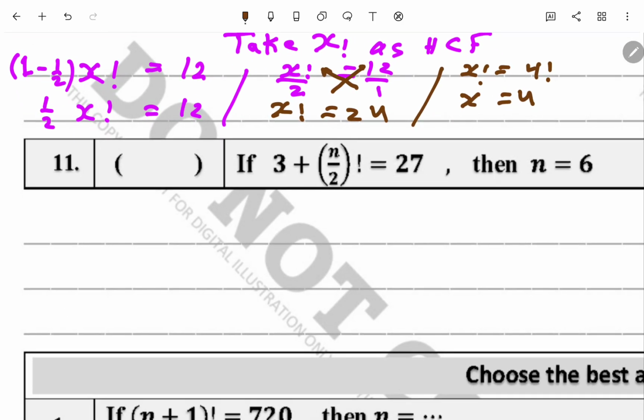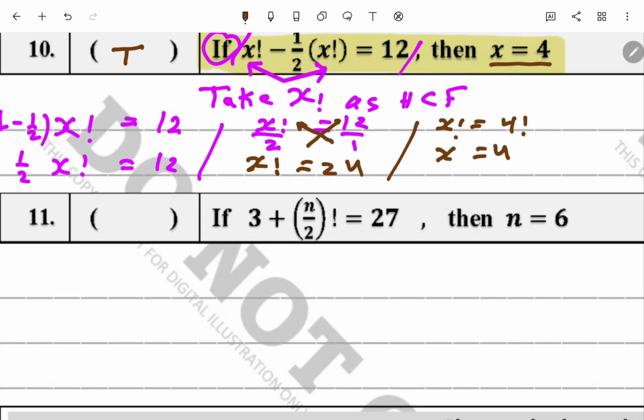In number 11, we can see that we have 3 plus (n over 2) factorial equals 27, and we need to prove that n equals 6. Let's now move this 3 to the other side. That will make (n over 2) factorial equal 27 minus 3.